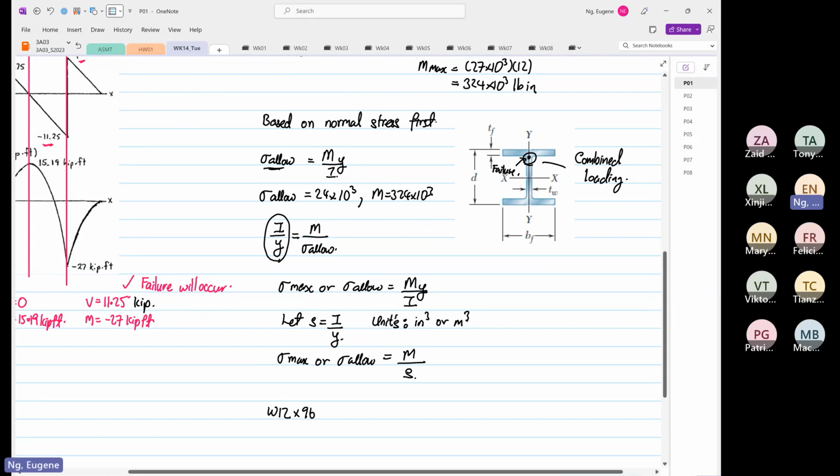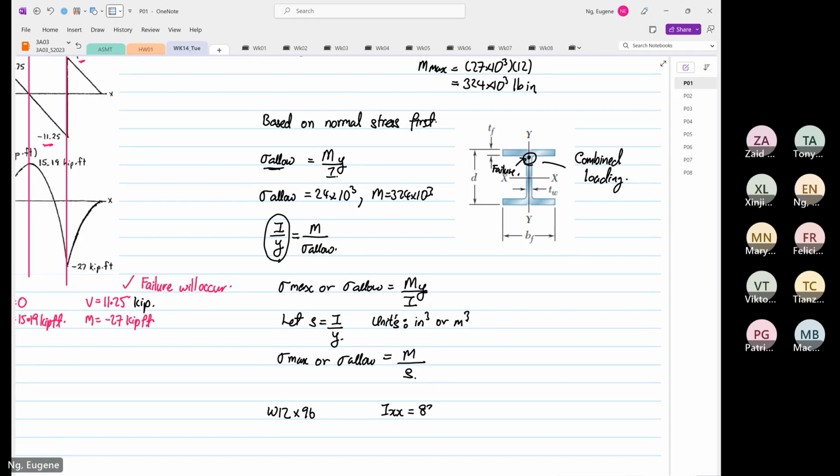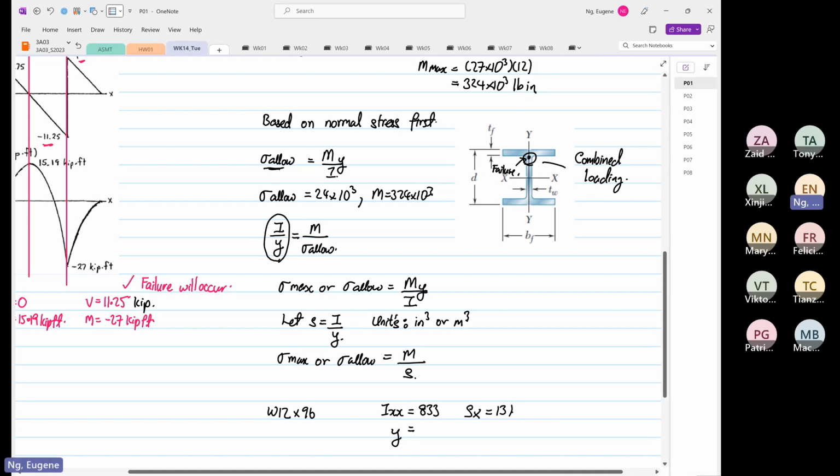We are given that IXX is equal to 833, and we are also given that XS is equal to 131.